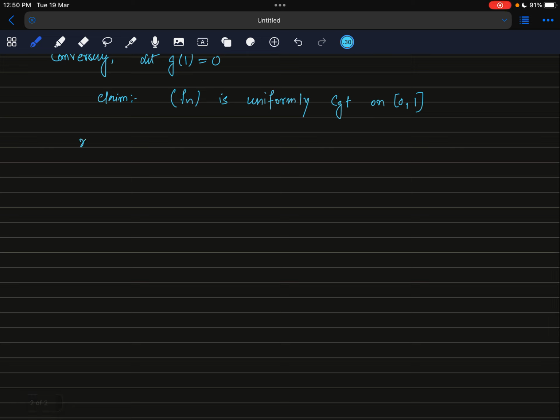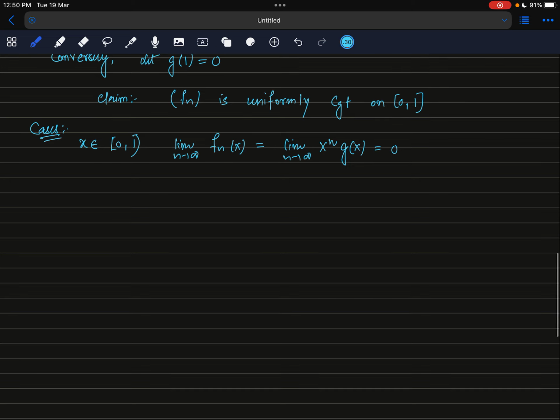If x lies in [0,1), then the limit as n tends to infinity of f_n(x), that is x^n g(x), is 0 clearly.